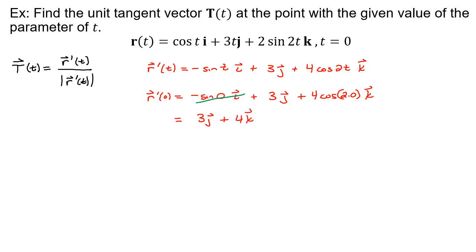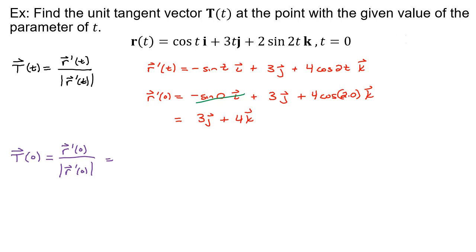And so if I'm finding my unit tangent at 0, I'm going to do r prime at 0 divided by the magnitude of r prime at 0. Oh, sorry, I'm doing r prime at 0. Never mind, I read the wrong thing. Good.